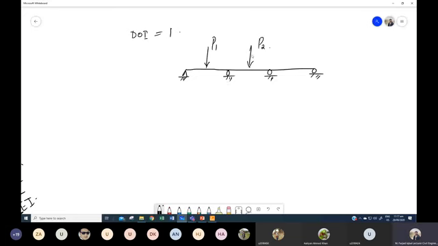Okay, so you have this beam, so what is the degree of indeterminacy in this one? How many unknowns are there?